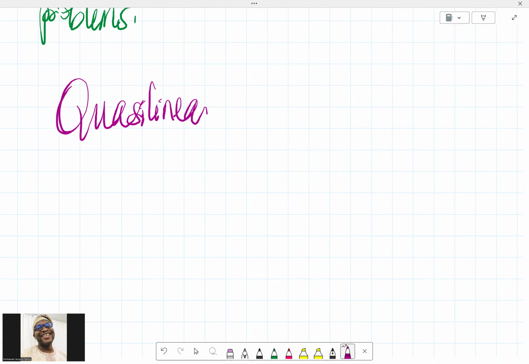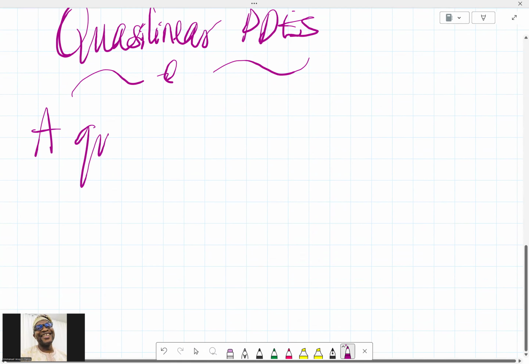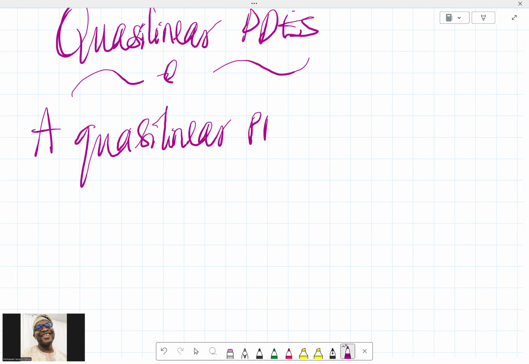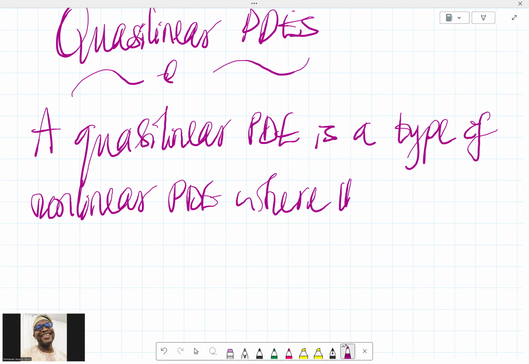Now, quasi-linear partial differential equations. A quasi-linear partial differential equation is a type of nonlinear PDE where the highest order derivatives appear linearly. We've talked about order before.